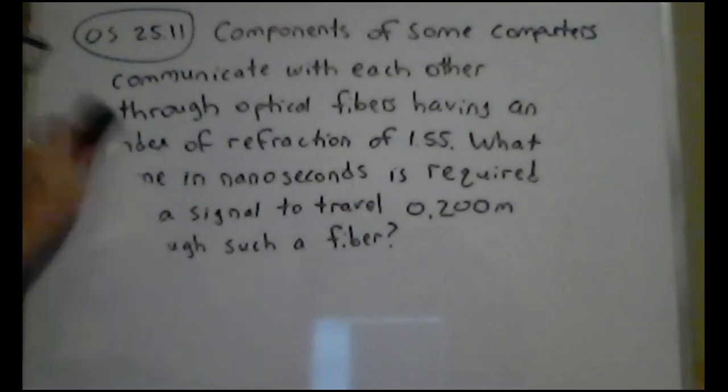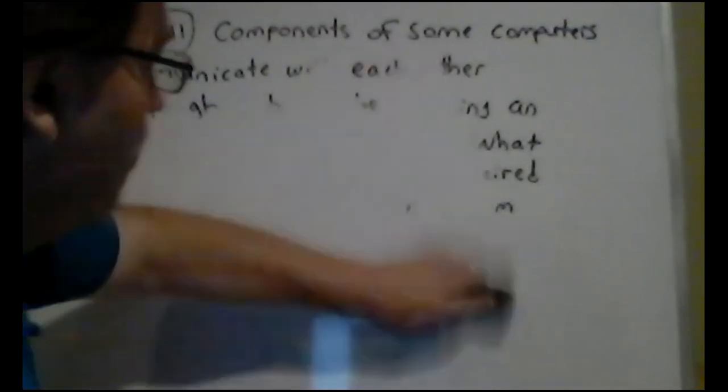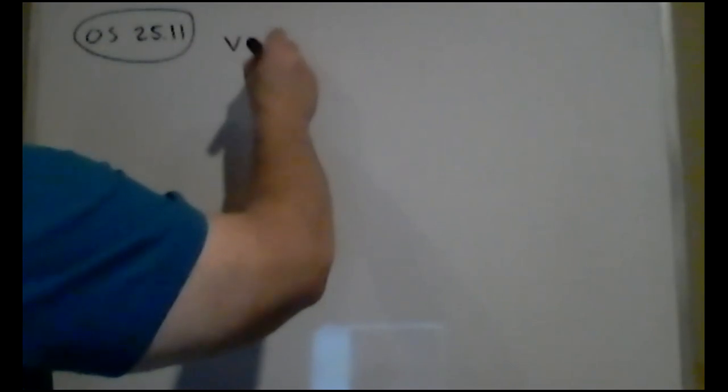All right, so need a little real estate here. The speed of light in the fiber will be c over n.